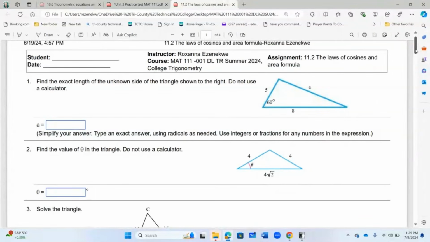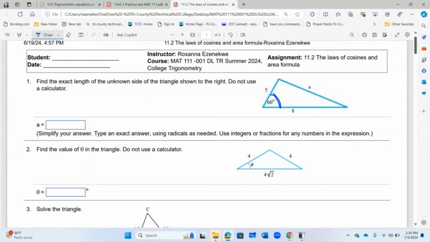All right, so the exact length, I don't have another angle. So see, I have an included angle here. This is an included angle, and I don't have any other angle. So this is a candidate for cosine again, because I don't have any other angle, and I have only two sides.